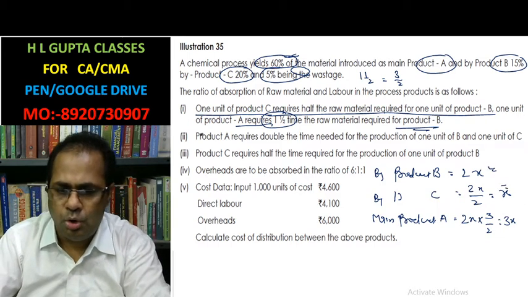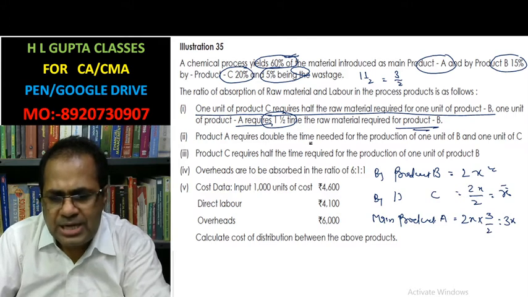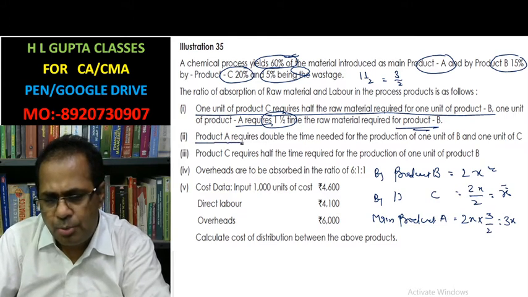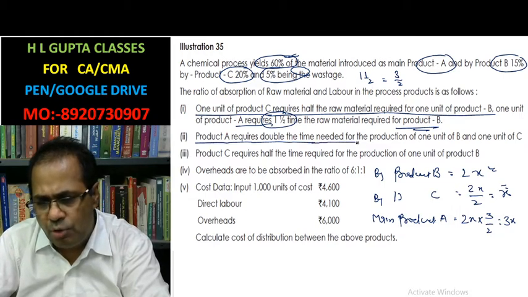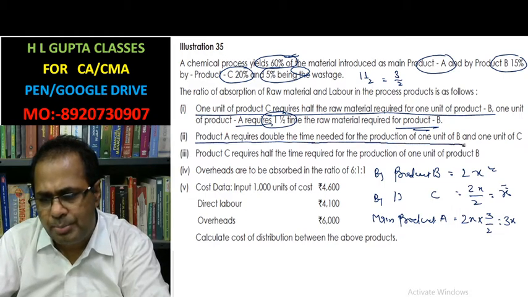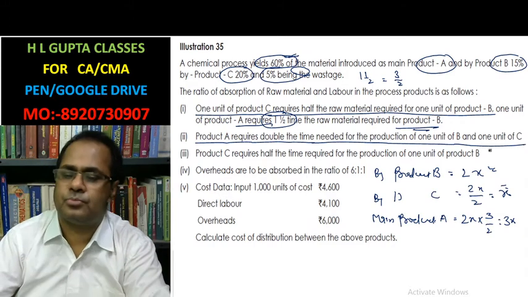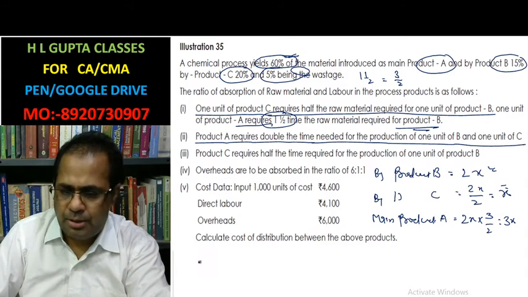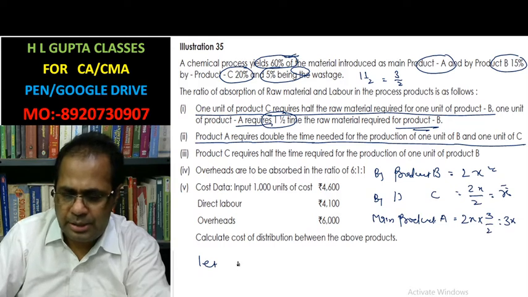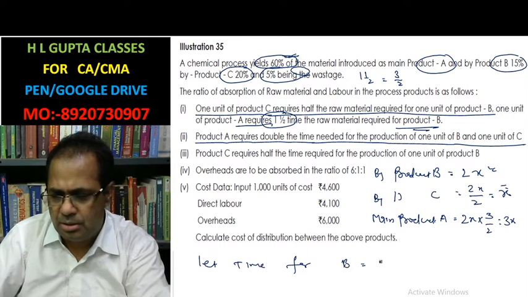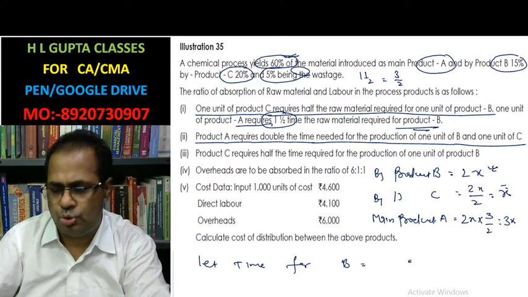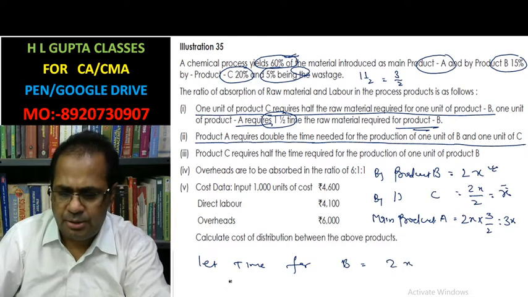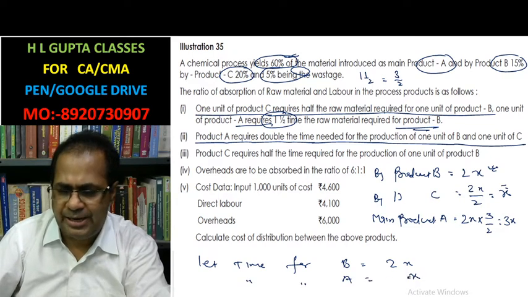Now product A requires double the time needed for the production of 1 unit of B and 1 unit of C. Let the time for B be 2x, and the time for C be x.